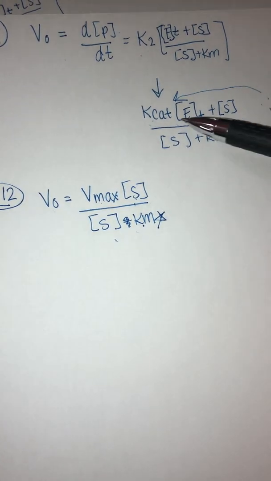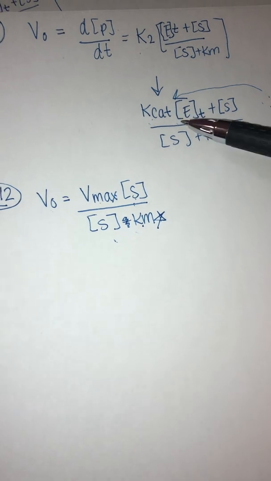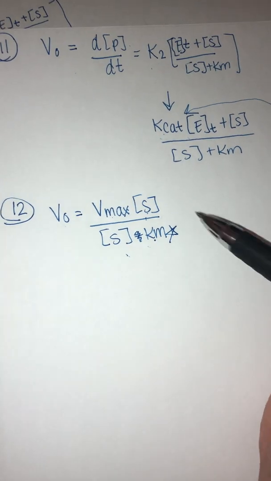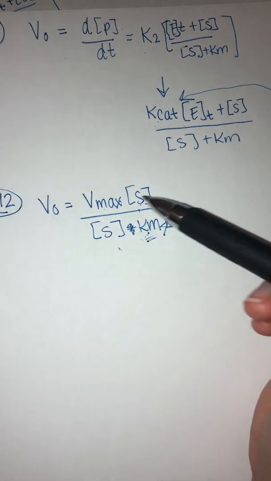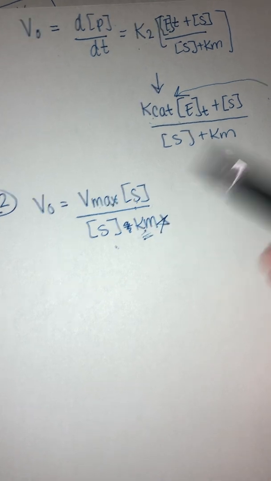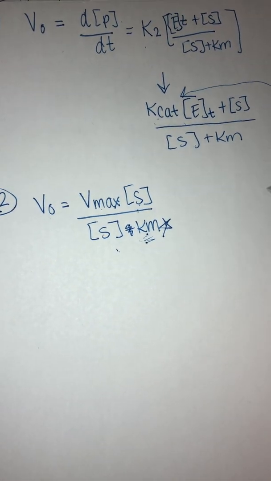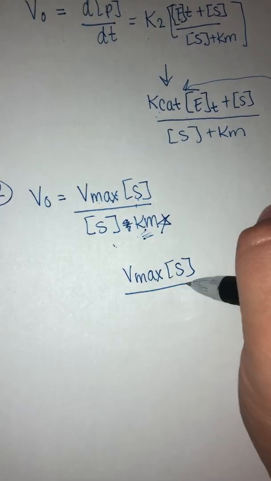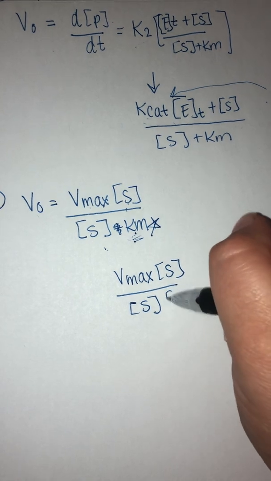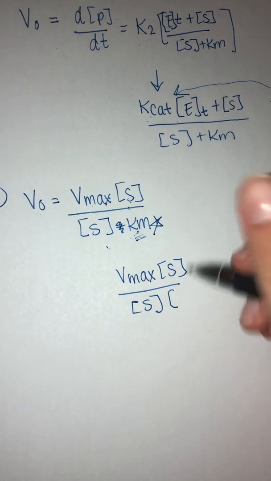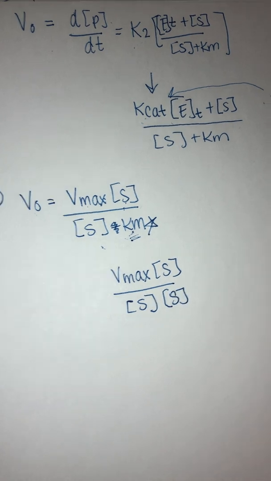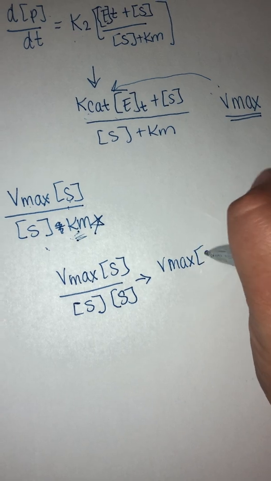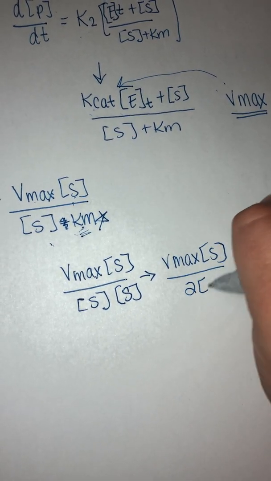So like we said earlier, the Vmax is the maximum rate at which all the enzymes are reacting with the molecules. So in order to kind of understand how this equals half Vmax, if you think of Km equal to the amount of substrate that's available, and you just kind of rewrite it like Vmax times the substrate over the substrate plus Km, and we're pretending that the amount of Km is equal to the amount of substrate, this then becomes Vmax times the substrate over 2S.